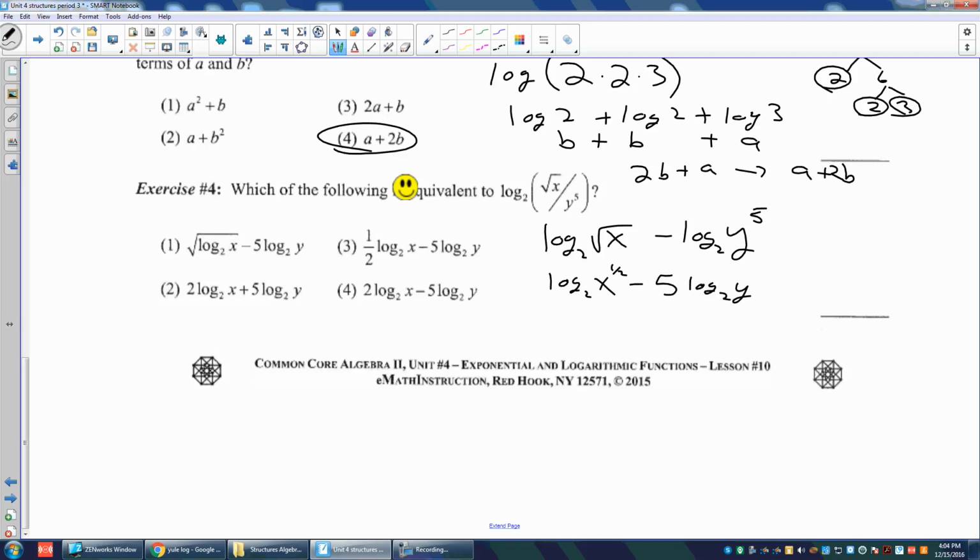Is that one of our choices? No, but we're getting a lot closer. We could have brought the 1/2 in front there. 1/2 log base 2 of x minus 5 log base 2 of y. There we go.